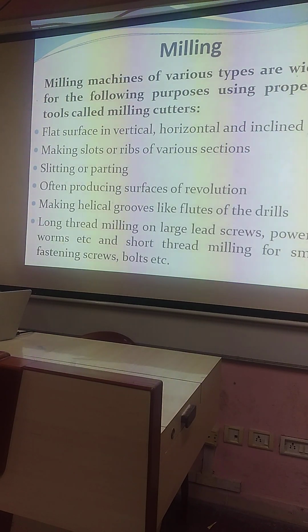In a milling machine you can do lots of operations: flat surface in vertical, horizontal and inclined plane, parting of the two pieces, making slots or ribs of various sections, rectangular section, circular section, often producing surfaces of revolution, making helical grooves like flutes of the drill, long thread milling on large lead screw, power screw, worm gear, and short thread milling for small size fastening.